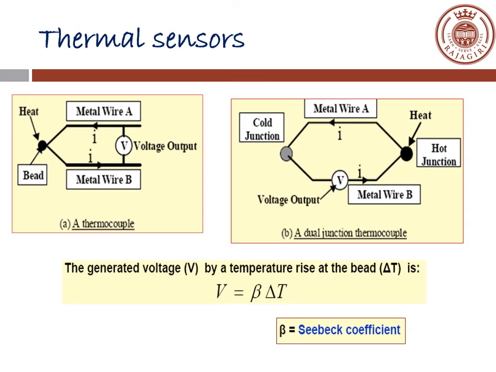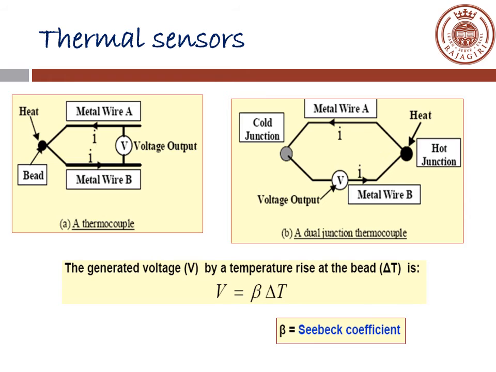Now you can see one more structure. It is known as a dual junction thermocouple. This dual junction thermocouple is made by introducing an additional junction in the thermocouple circuit. You can see in the diagram there is an additional junction. Right now you have a hot junction as well as a cold junction.